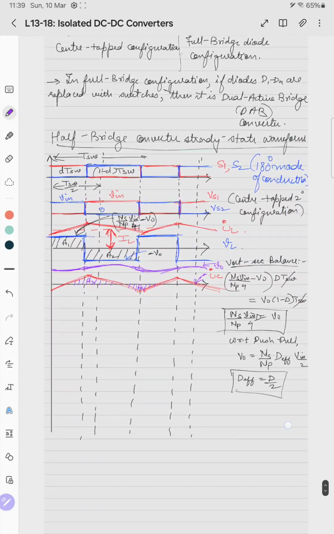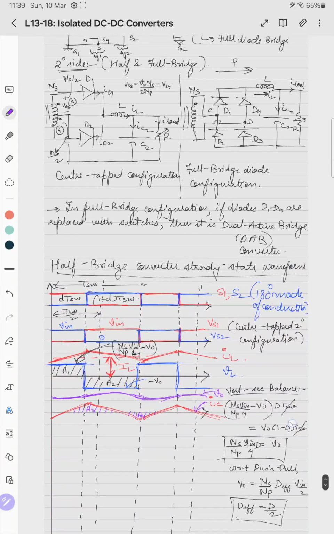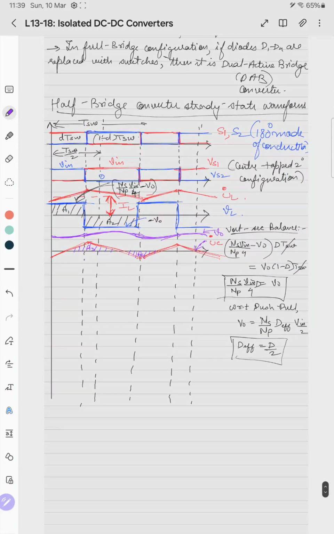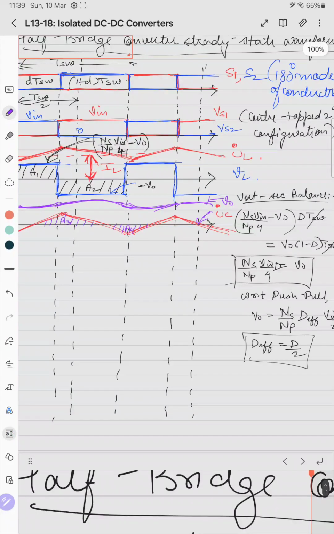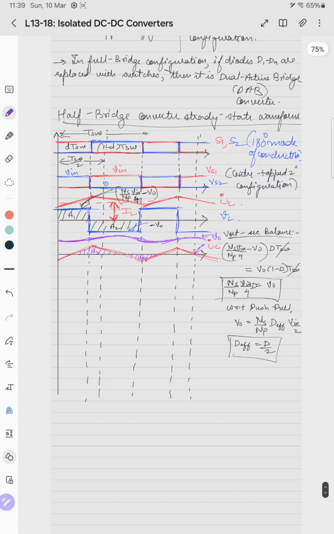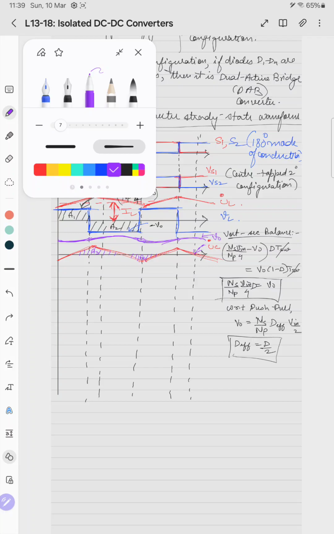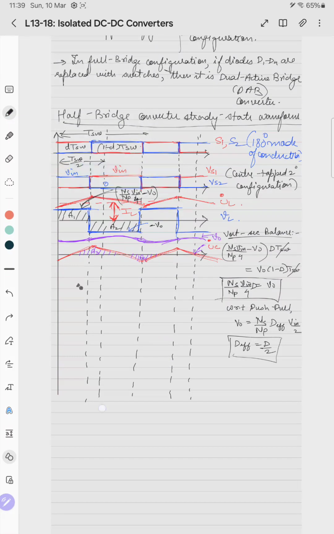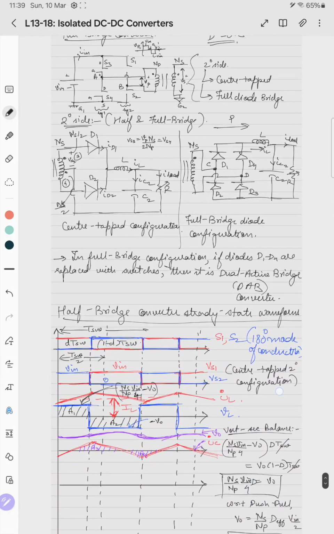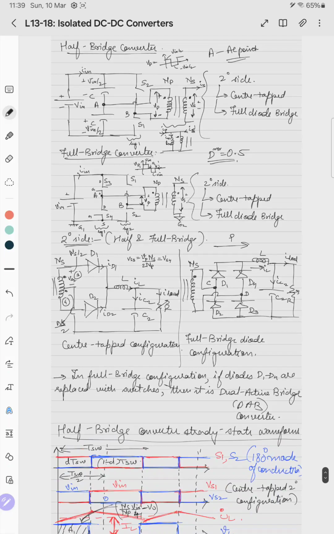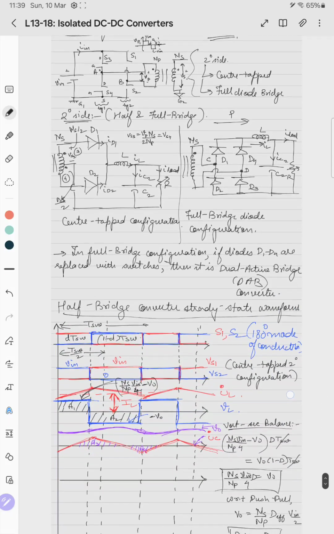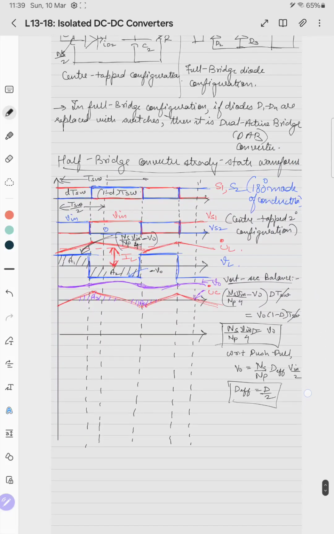Diodes are remaining, so we'll quickly draw the diode waveforms in a single thing. When the switch is on, diode D1 is on, and its current ID1 is IL.